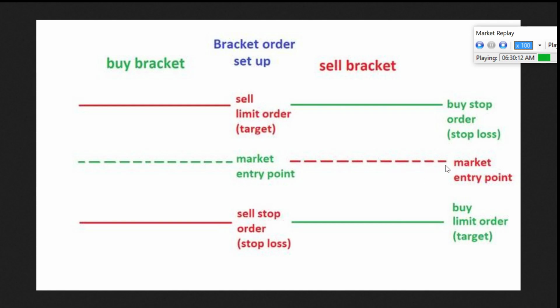You're profiting by the market falling, and the buy order would counteract your sell order that got you into the trade, and you'd be out at a profit in this zone right here. And this would be your loss if it moves against your short position, and your buy stop order would get you out at a predetermined loss, which is your risk for taking the trade.